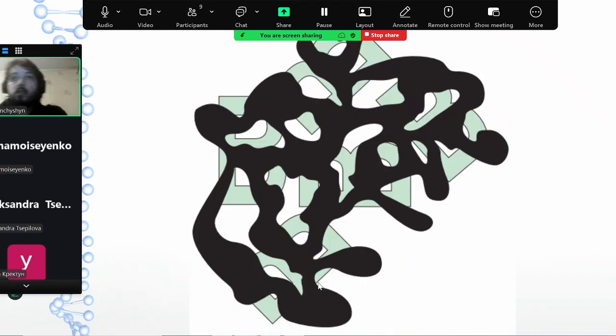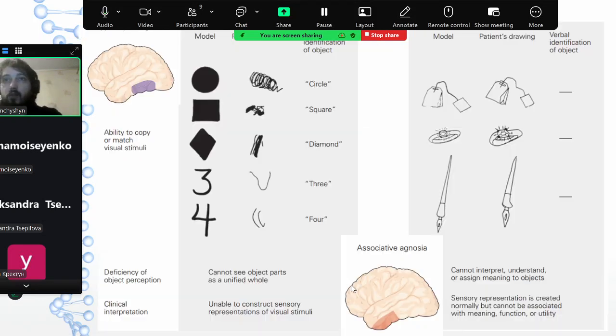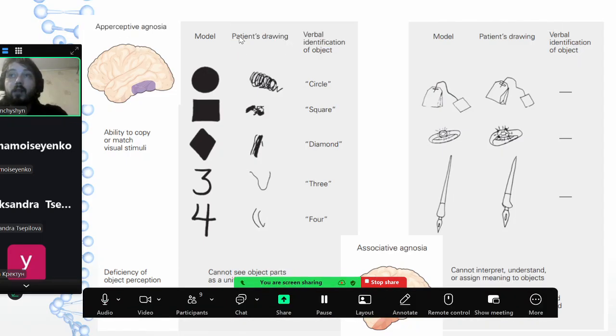Maybe another case, if we damage this part of the brain, in the lower image, that leads to so-called associative agnosia. Here you see once again the patient is shown some models, pretty complicated: some pen, some tea bag, some ring. He is able to draw all that, but he is unable to tell you what kind of object it is.